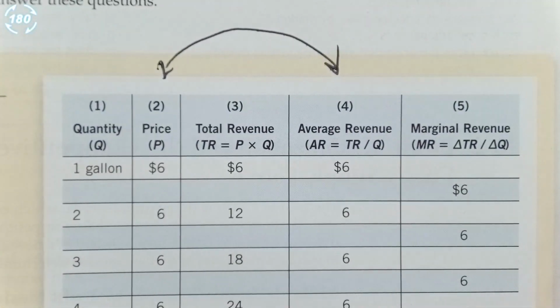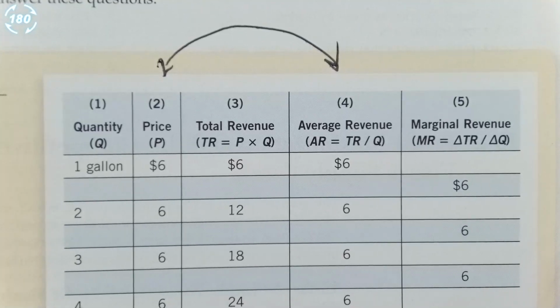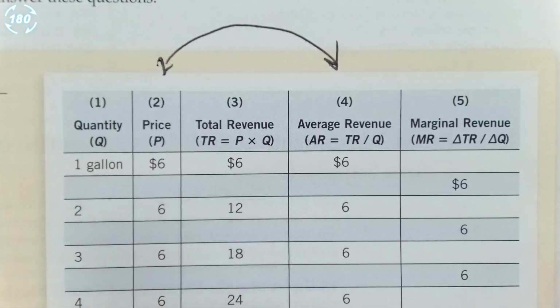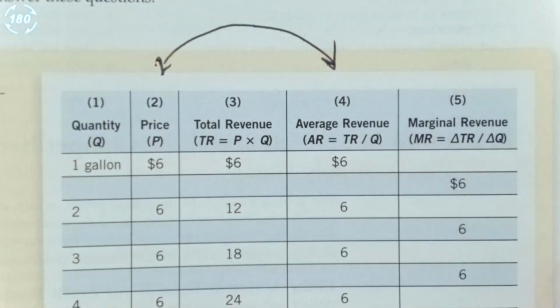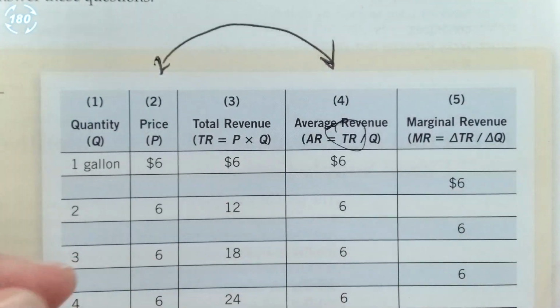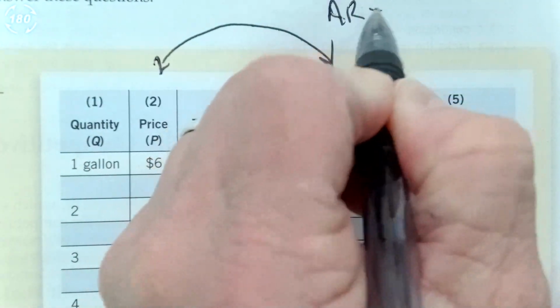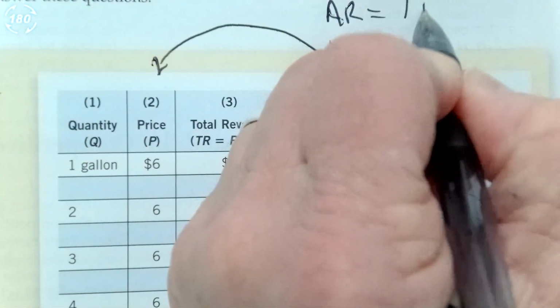This is another feature, if you will, of perfect competition. Not only is the price constant, but the price and the average revenue are the same, okay? Because the total revenue is price times quantity. So if you think about it again, average revenue is total revenue divided by quantity.